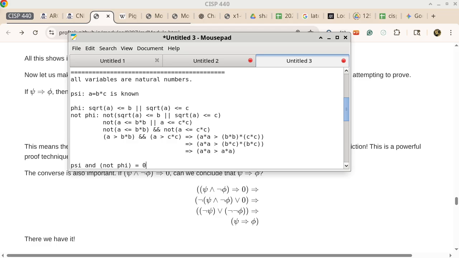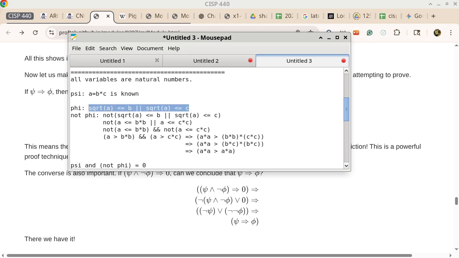So because the conjunction of psi and not phi is false, according to the structure of proof by contradiction, we now know that phi is implied by psi. That's all we can say, okay? This is all we are trying to say: psi, which is this, implies phi, which is this.